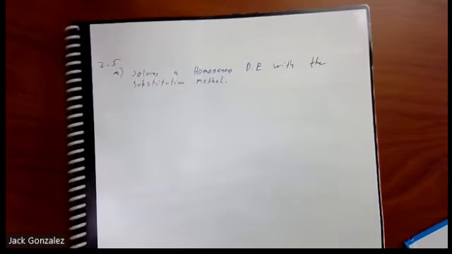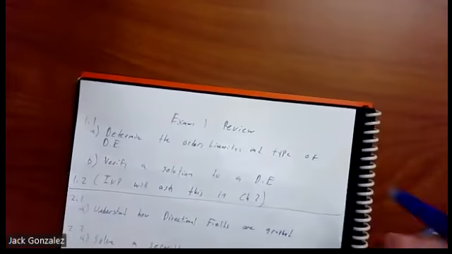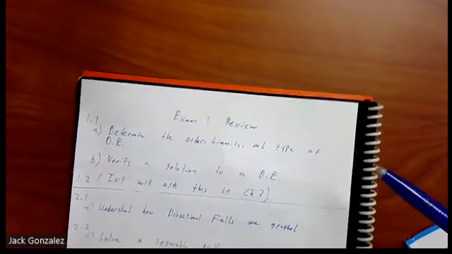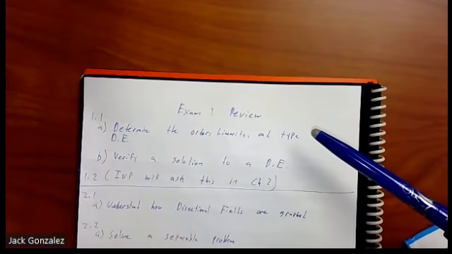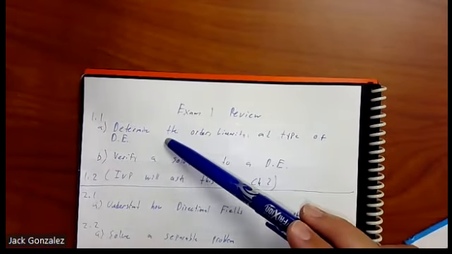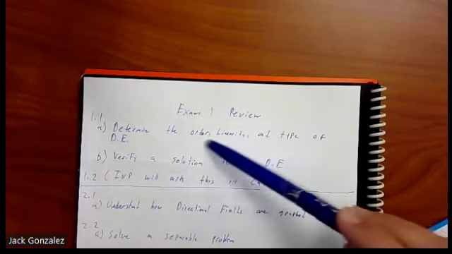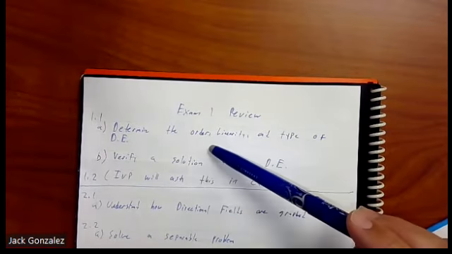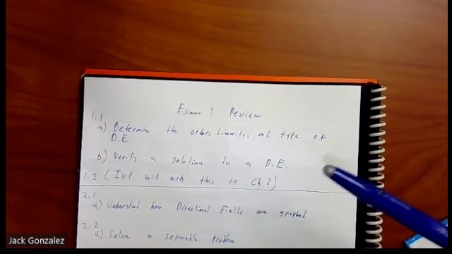If we go back to the first page, I'm thinking probably one problem from 1.1, maybe just to explain if it's linear or what order it is and why or how you knew.